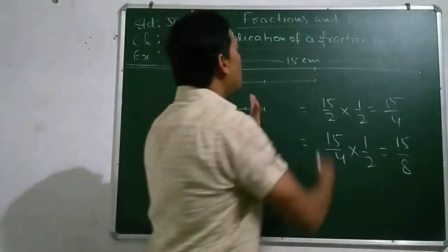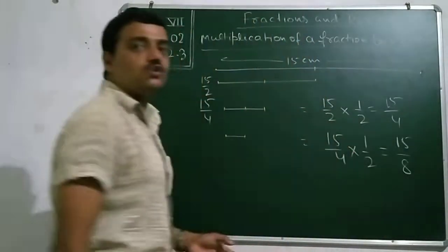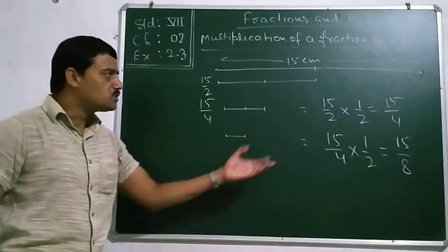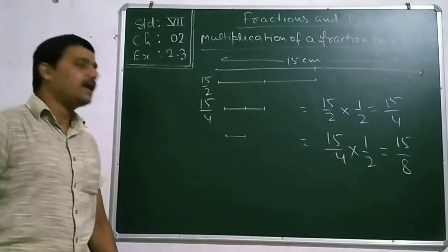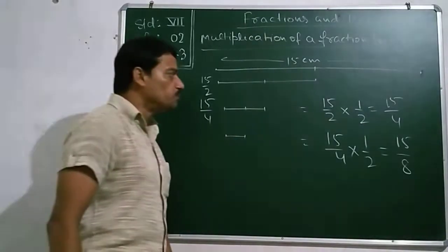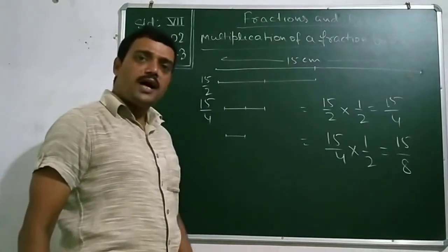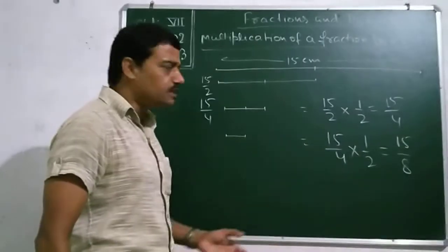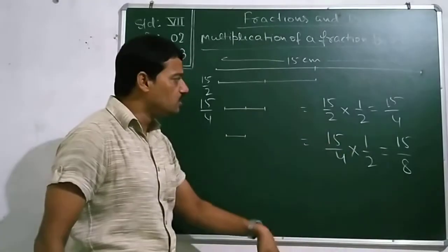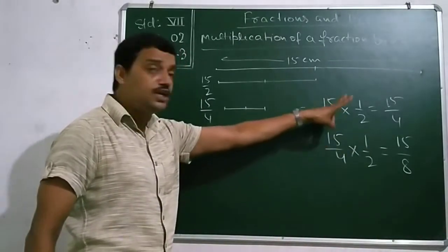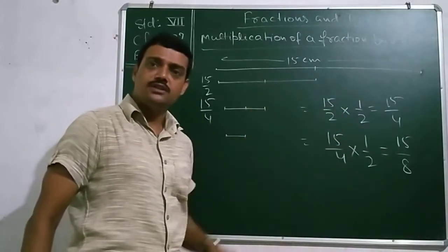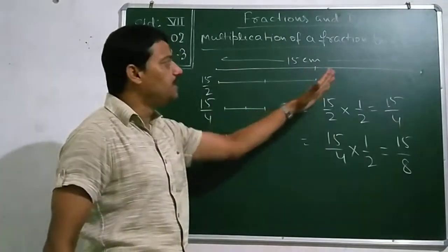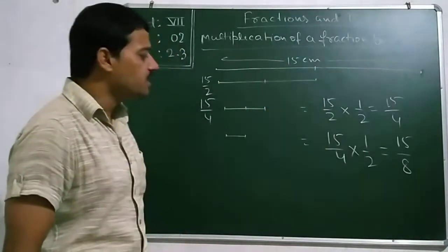We got half of the length, but to divide by 2 in terms of fractions we need to multiply by 1 by 2. If you are to divide it into 3 equal parts, then it is to be multiplied by 1 by 3.